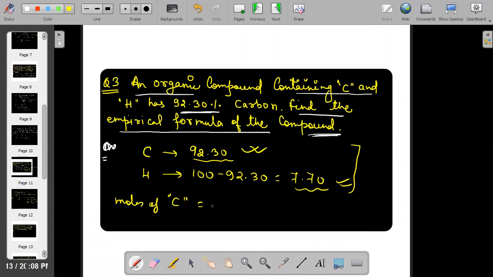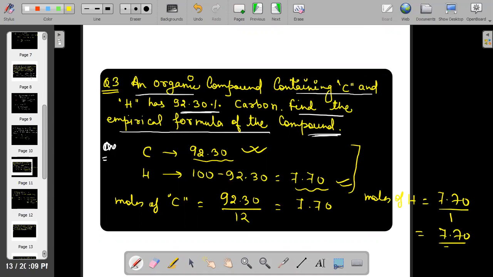We take the simplest ratio, the relative ratio. 92.30 upon the atomic mass 12 gives around 7.70. Check. Now moles of hydrogen: given mass 7.70 upon the atomic mass of hydrogen, which is 1, so the answer is 7.70.